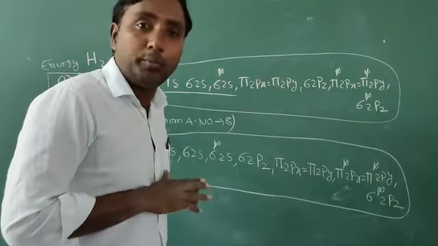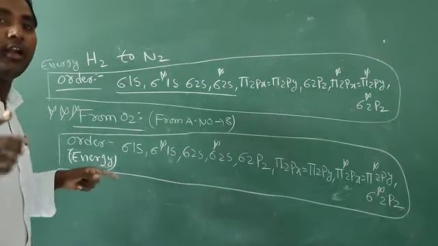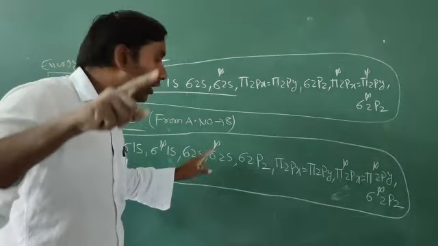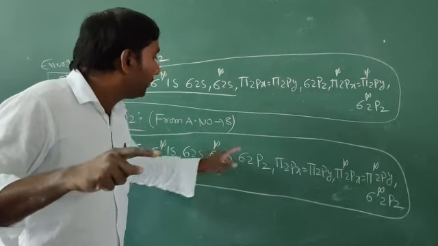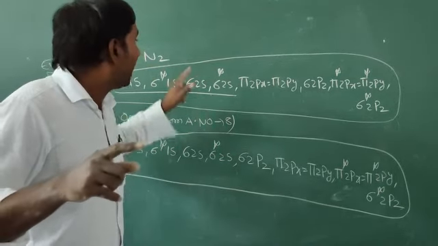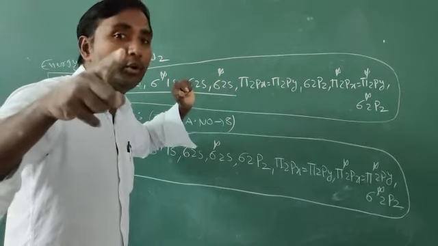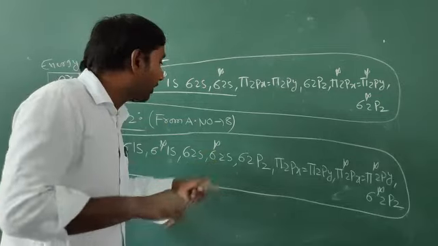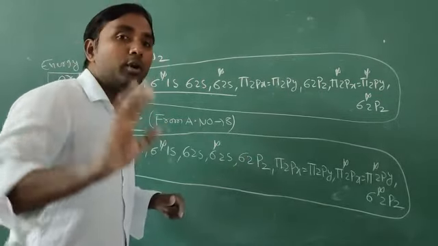The remaining is the same. From oxygen, or atomic number 8, after sigma star 2s, sigma 2pz comes. Up to nitrogen, pi 2px equal to pi 2py comes first, but from oxygen, after sigma star 2s, sigma 2pz comes, and after that pi 2px equal to pi 2py.